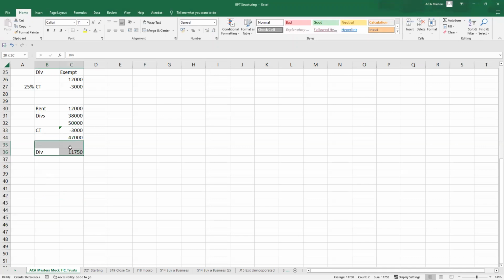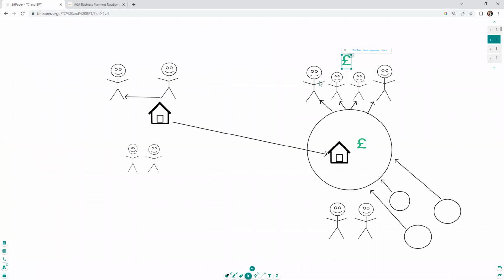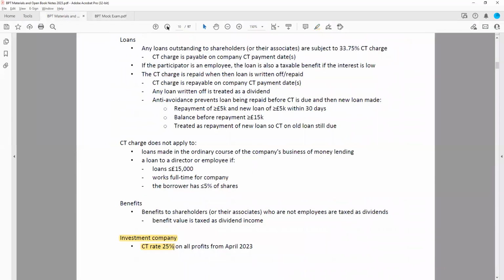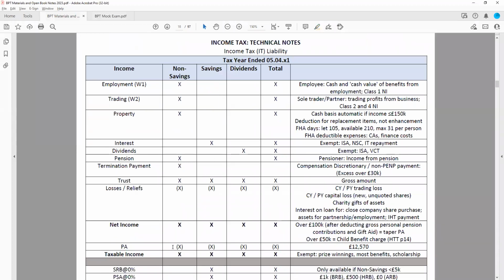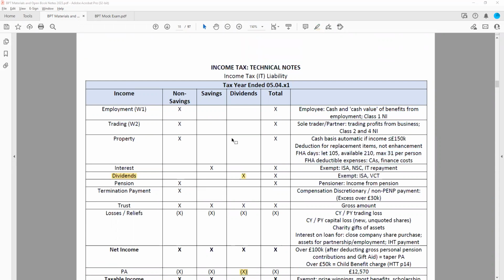And clearly for these three who have no other income, that means they're not going to pay any tax on that, because it's all going to fall within the personal allowance. So yes, they're going to have dividend income in their income tax computation, but it's all going to be covered by the personal allowance.